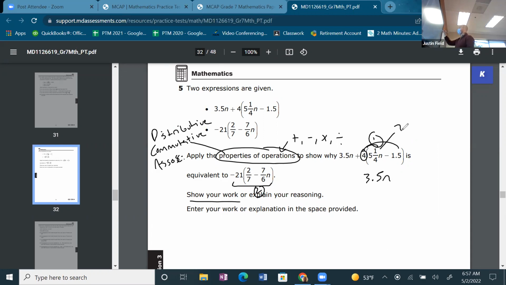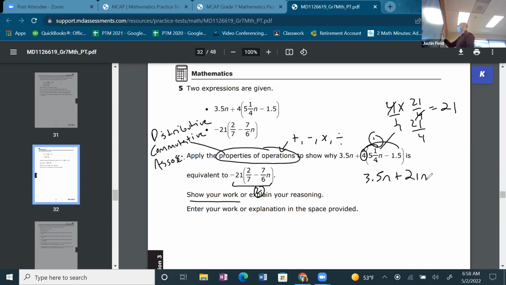Okay, so I'm going to take that 5 and 1/4, and we are going to make it 21 over 4. So we got plus. And then what is 4 times 21 over 4? Cross cancel. Just 21.